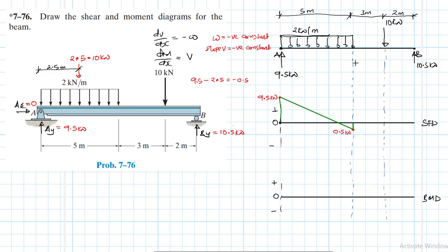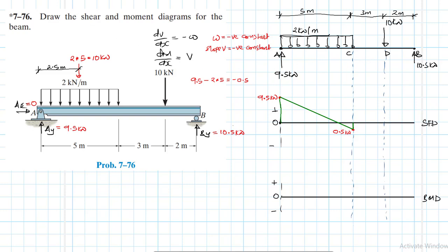And then from this point, let me call this point here C, and then this one D. So the moment we move to the right of C, we realize that we do not have any loading from C to D in this interval.